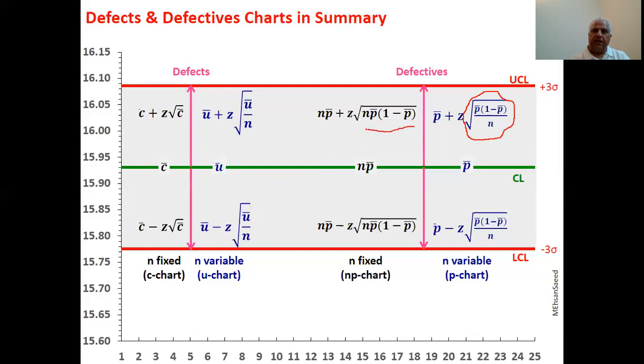This is the standard deviation of the NP chart. This is the standard deviation of a U chart. And this is the standard deviation of a C chart.